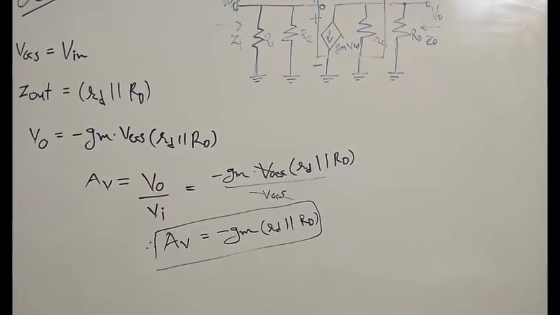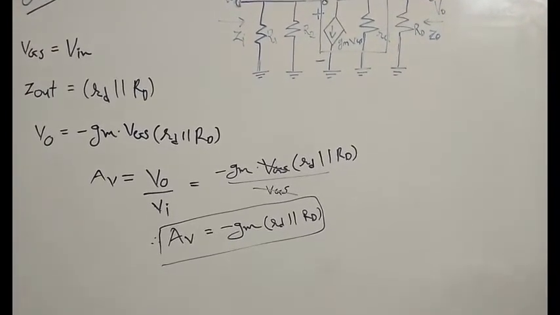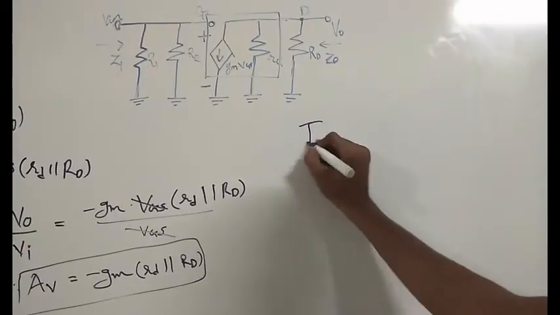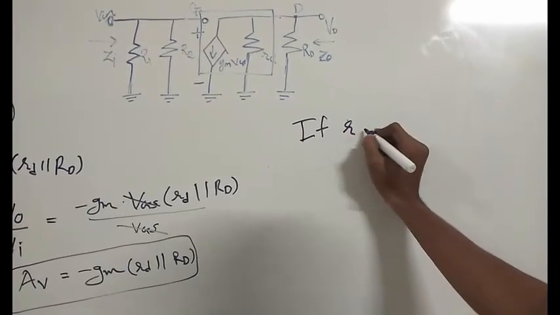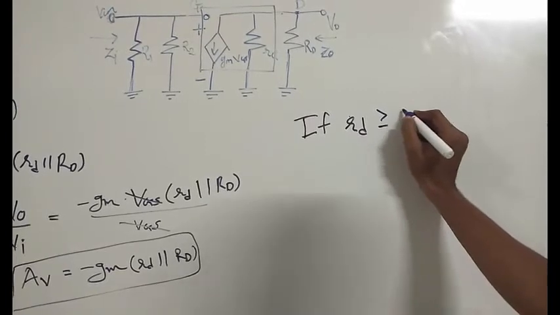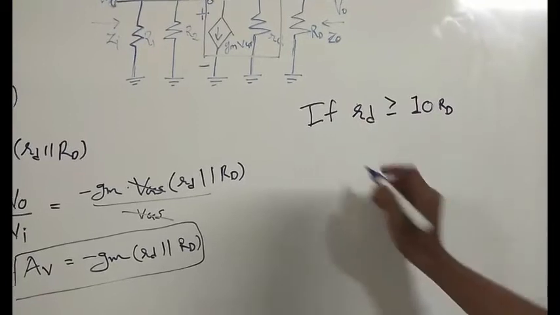So now I will take the conditions. The first condition is if rd is greater than or equal to 10 times of RD.